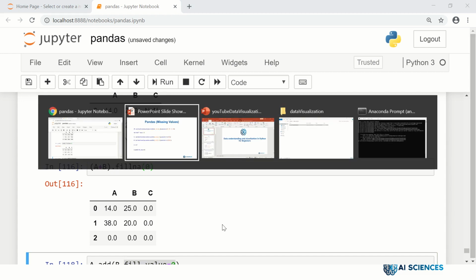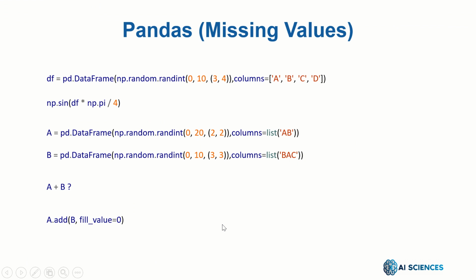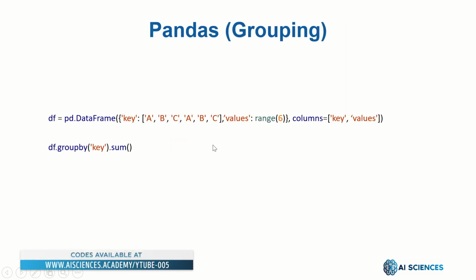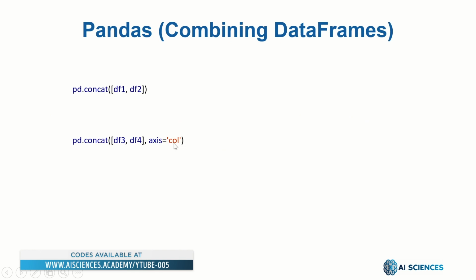Further, we can concatenate multiple data frames together if you want. For example, we have data frame 1, data frame 2. If you want to concatenate them together, we can concatenate. The default concatenation is that they are stacked one on top of the other, or if we want to concatenate column wise, for example, we want more columns to be added, we can just call the concatenate function and set the axis to be column.